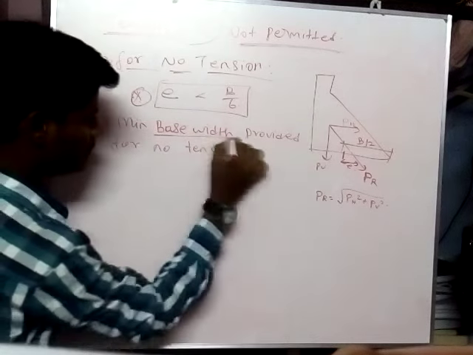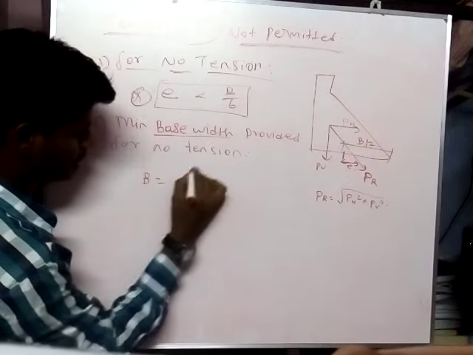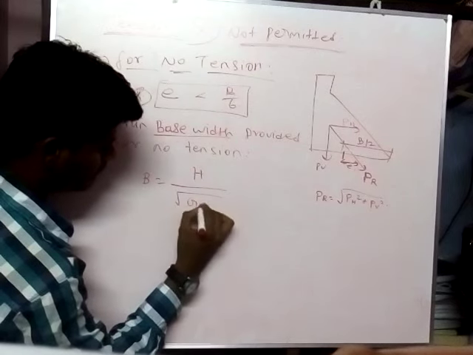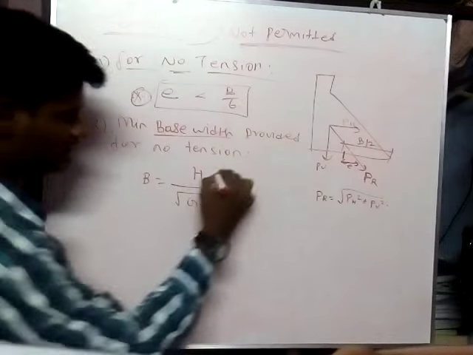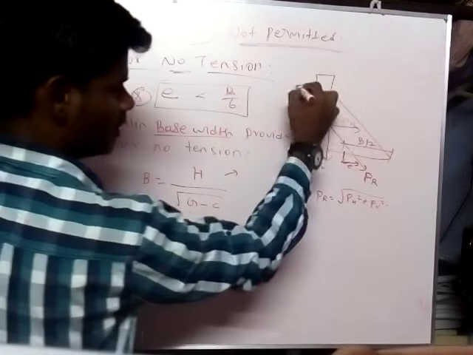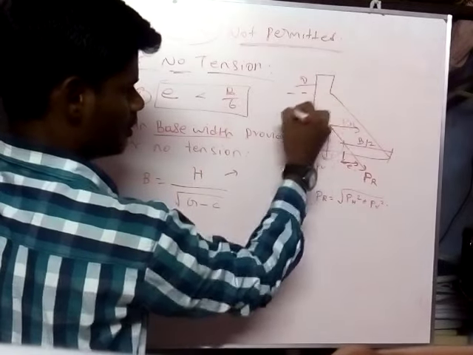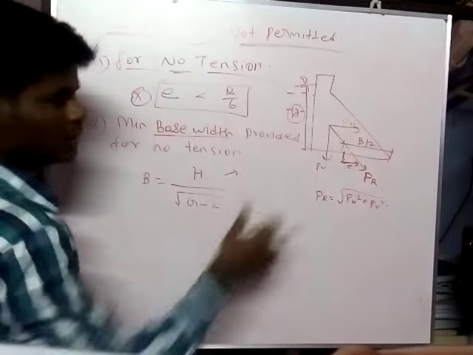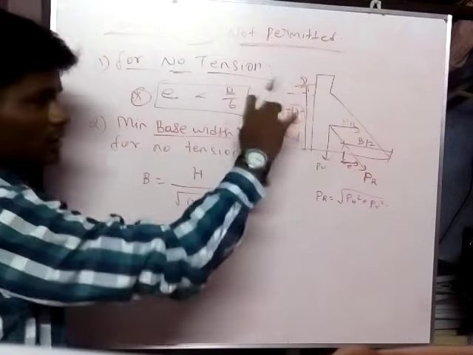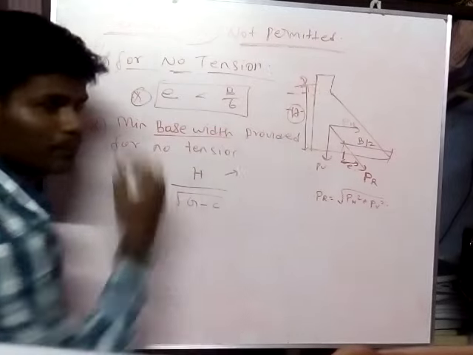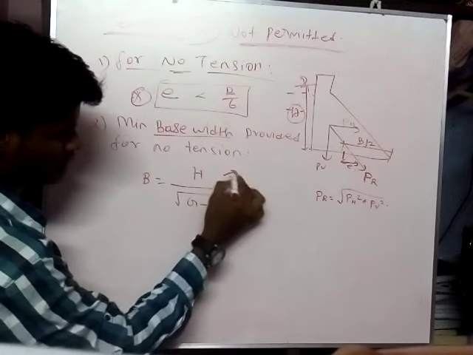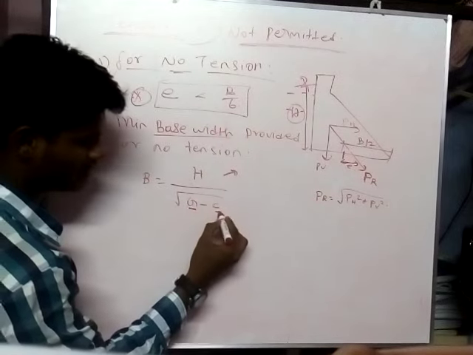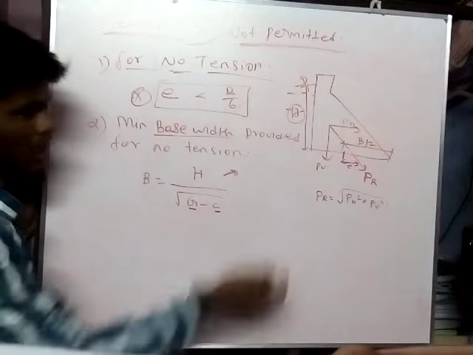The minimum base width B is equal to H divided by root of G minus C. H is the height of water stored before the dam, G is the specific gravity, and C is the coefficient of uplift pressure.